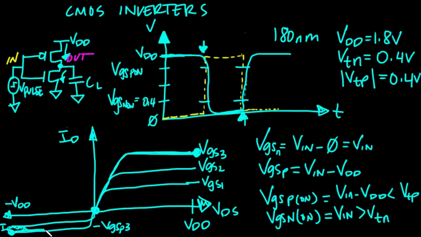We're moving along this curve right here, finally until we get to this point right here where there's no more current flowing and there's no difference between the source and the drain voltage. And all that means is that the PMOS device has completely charged up this node right here, and now V out is all the way equal to VDD, so we're somewhere right here maybe, and there's no difference between the source and the drain voltage. So hopefully this helps give a little bit of intuition about the inverter.